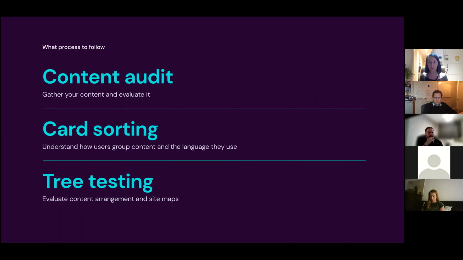So you need to gather all the content and evaluate it. And then you need to do some card sorting to figure out how your users group content in a meaningful way to them and what language they use to describe it. And then you need to evaluate whether that card sorting makes sense at a larger, quantitative scale, right? So you need to make sure that it makes sense for a larger audience. And there are different tools that we can use to do this.